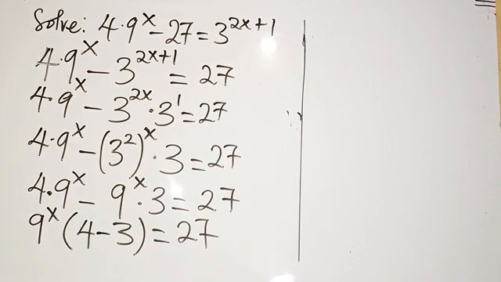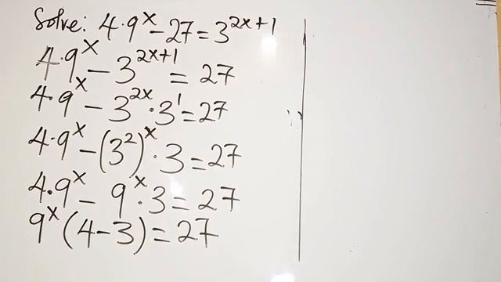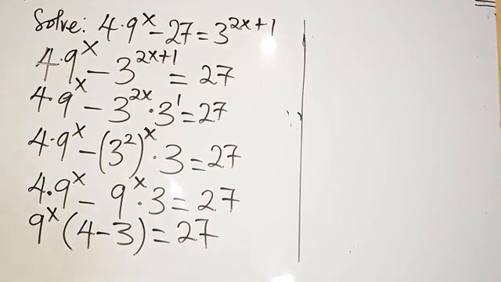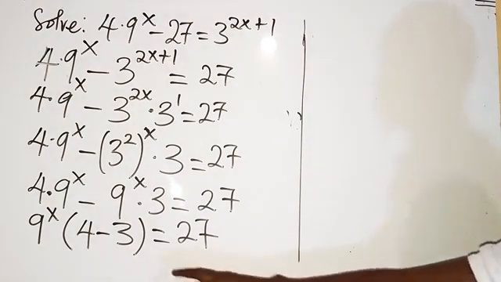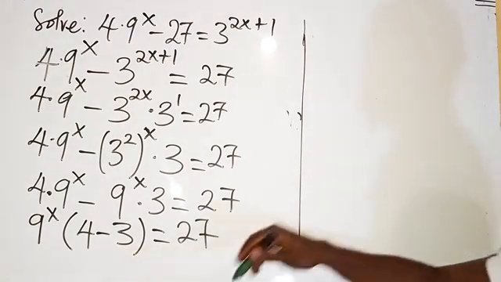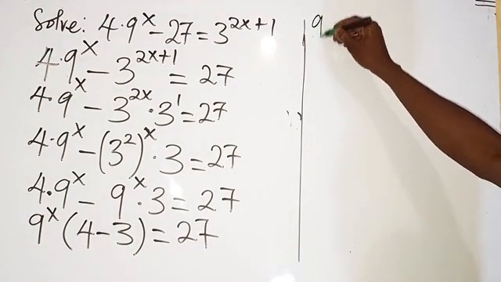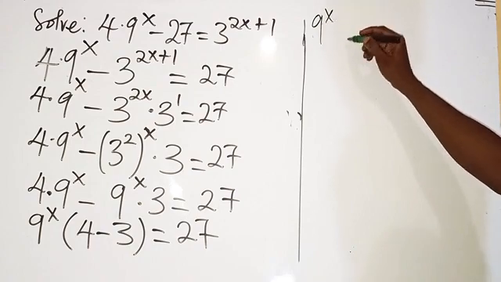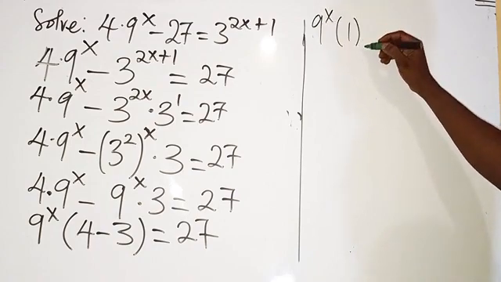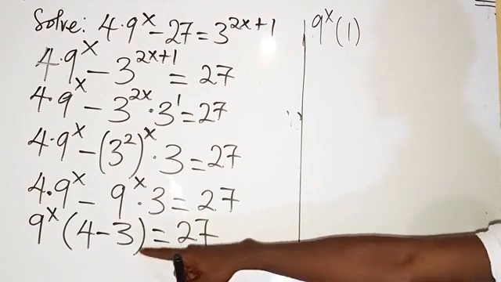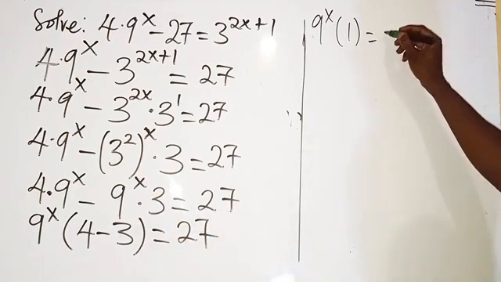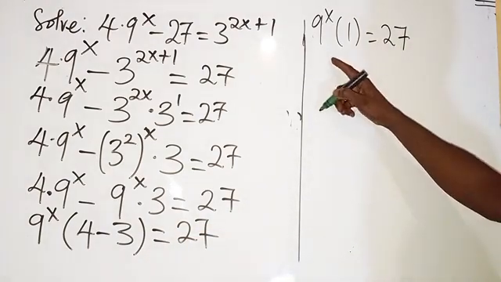So now from there, you can see that 4 minus 3 will give us 1, so we are going to have 9 to the power x equals 27.